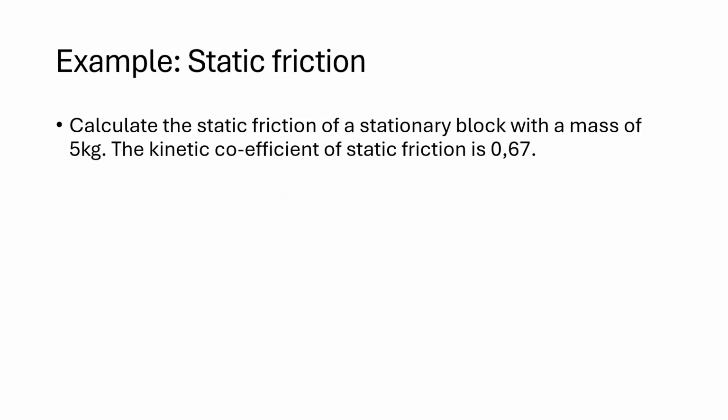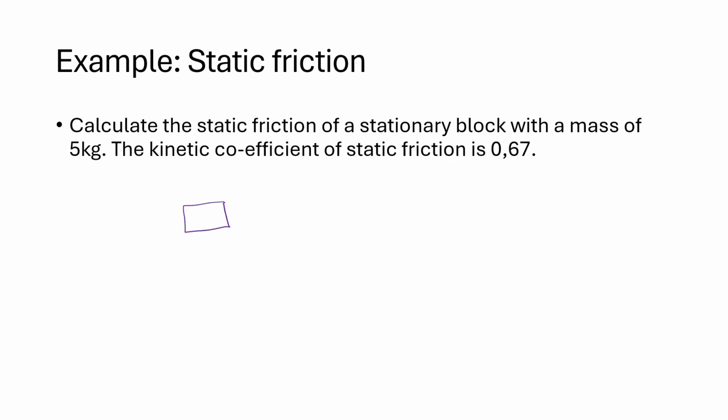Let us go down into an example. This is the first of our examples. It says, calculate the static friction of a stationary block with a mass of 5 kilograms. The coefficient of static friction is 0.67. Whenever I do this, I like to always draw myself a diagram.